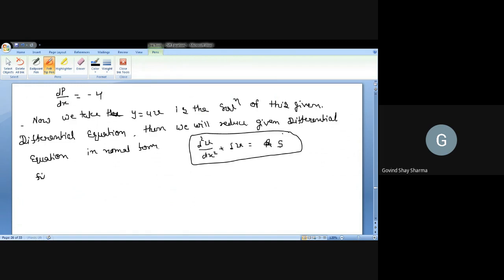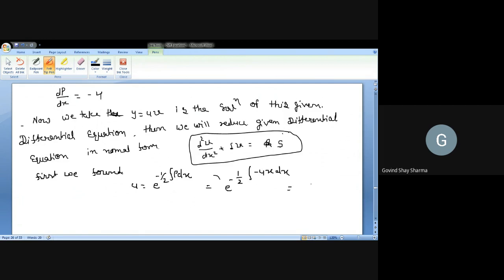First we find u is equal to e to power minus half integration pdx. What is the value of pdx? e to power minus half integration of minus 4x dx.